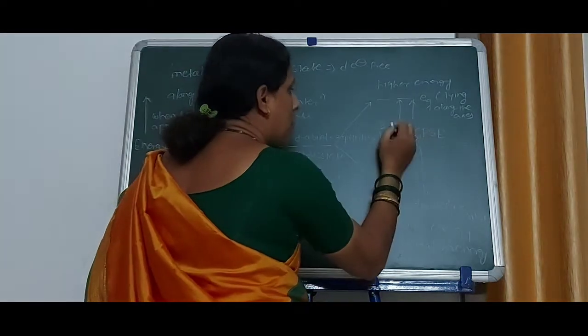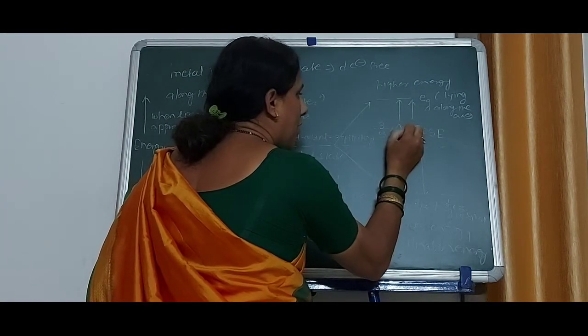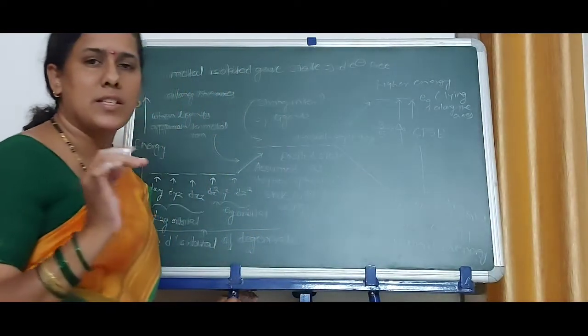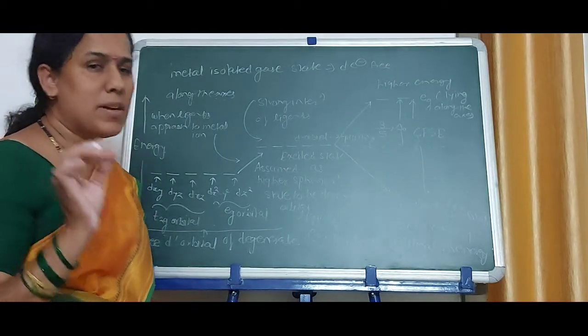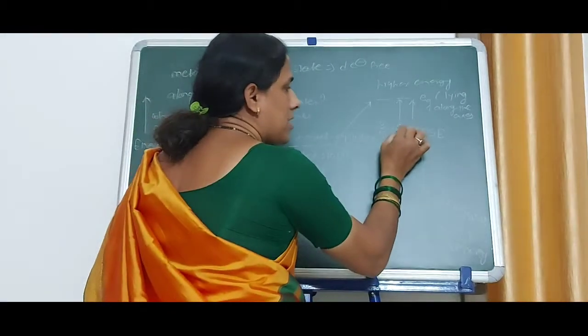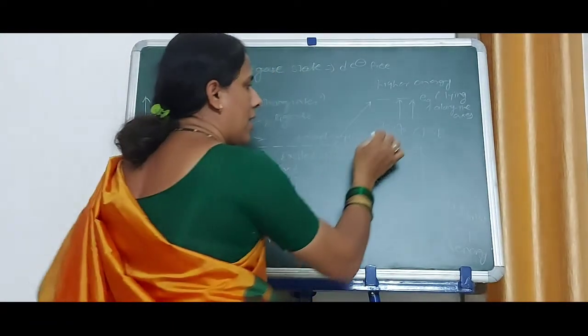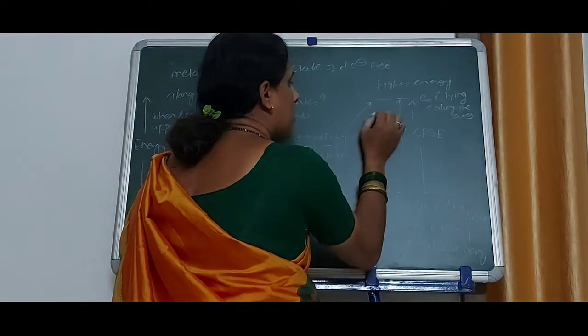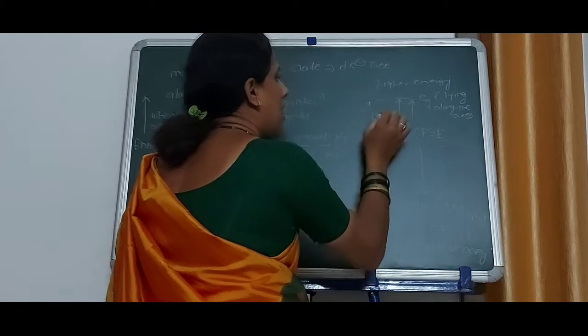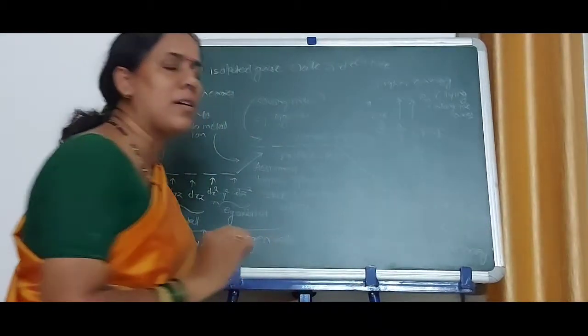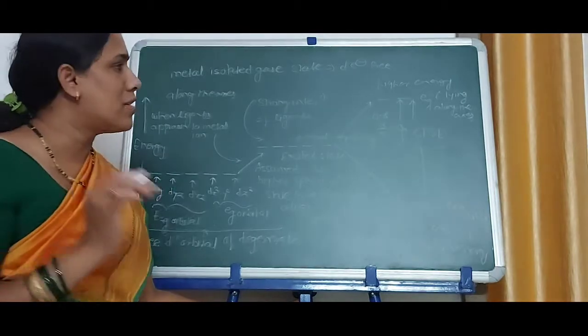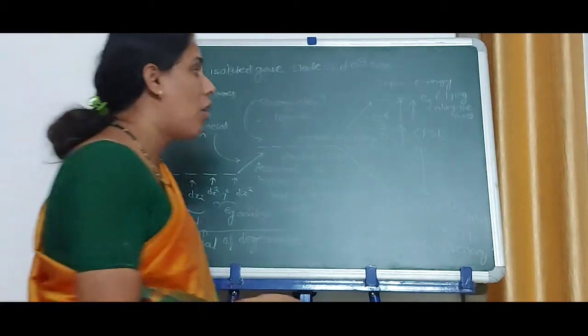Therefore, 3 by 5 into delta O, where CFSE stands for crystal field stabilization energy, which is expressed in terms of delta O. Delta O means octahedral, and the division of this is equal to 0.6. And this energy is nothing but the crystal field stabilization energy for the higher energy orbitals.